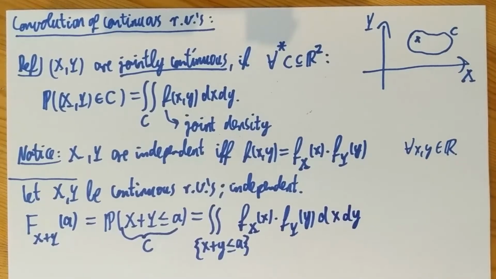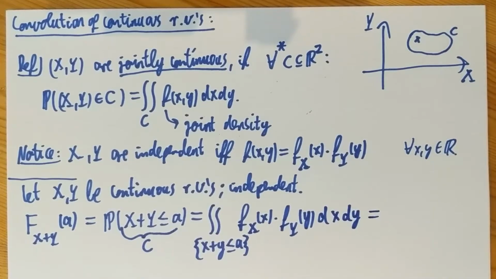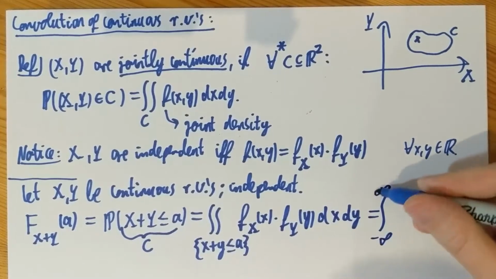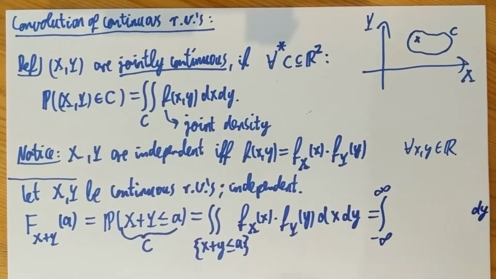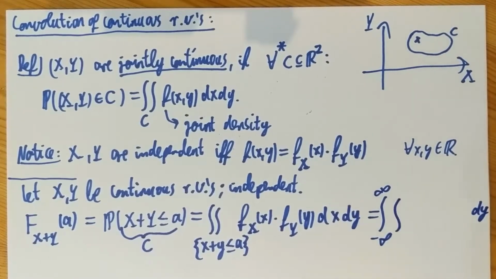Okay, so how can I make this set a little bit more obvious? Well, I could start my integration in y from negative infinity to infinity. So I can integrate in y over the whole real line. And once that's given, then I need to stop x somewhere.